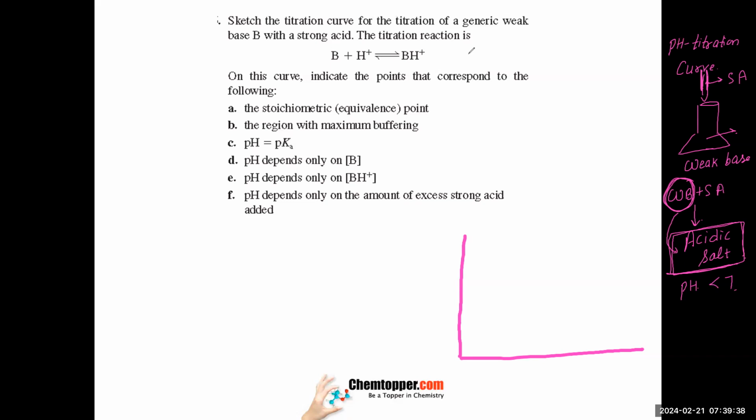So let's start. So what is there in the conical flask? The base is here, right? Base here. And the pH meter is dipped in the conical flask. Any question here in this diagram? You are titrating a weak base with a strong acid, right? So acid is the titrant, the standard solution, and base is the analyte.